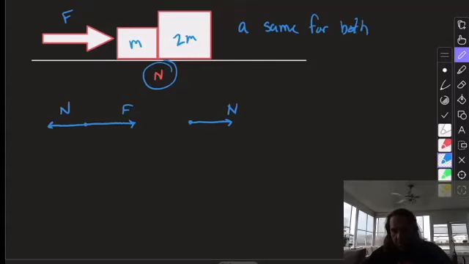So a quick look at that is that N equals 2MA. And F minus N equals MA. Good so far?